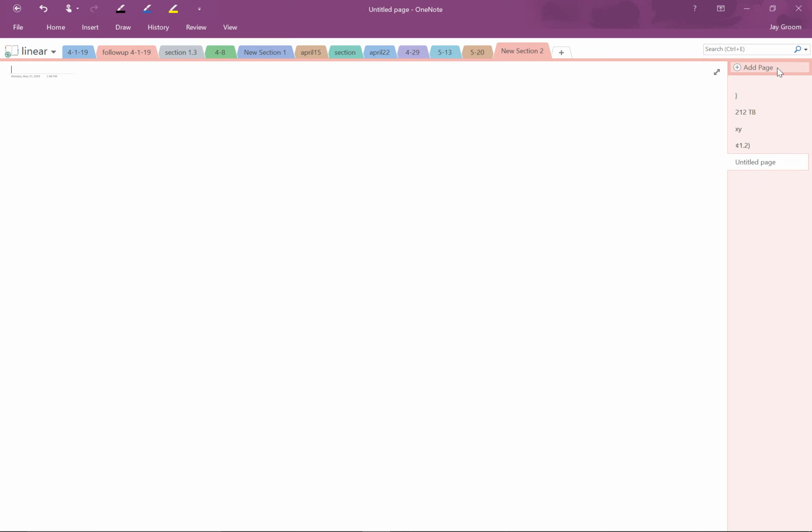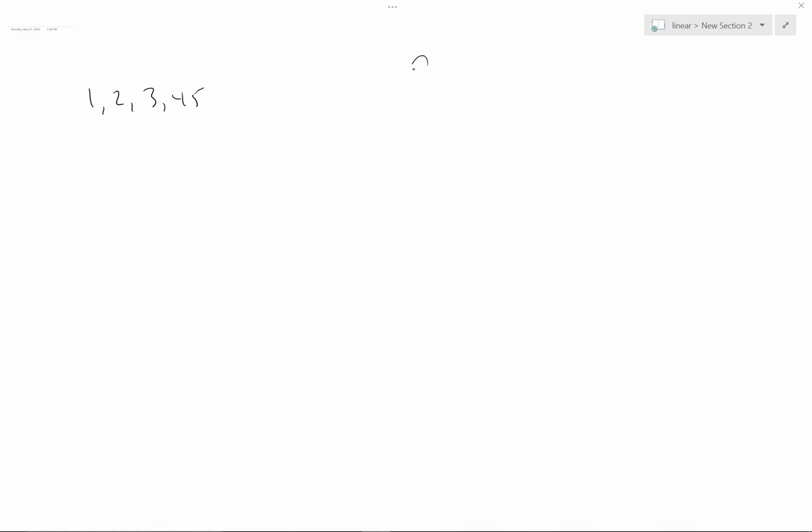So for instance, let me do a nice easy one here. The variance of this would be, in essence, the average distance from the mean. The problem with that is that the mean is 3.